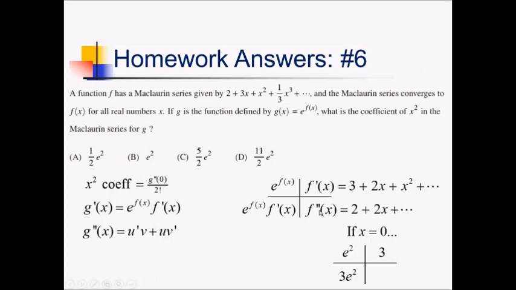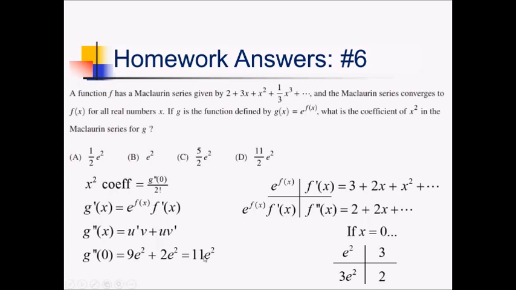And now we have f double prime of 0. If I plug 0 in for all the x's in this Maclaurin series, this is going to end up being just 2. So now multiplying this out to get g double prime of 0, that's going to be 9e squared going this way, plus 2e squared, which I can simplify to 11e squared.